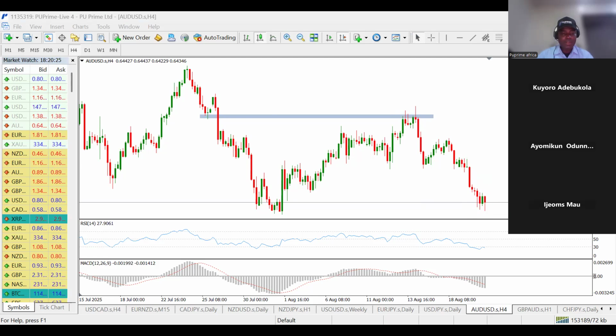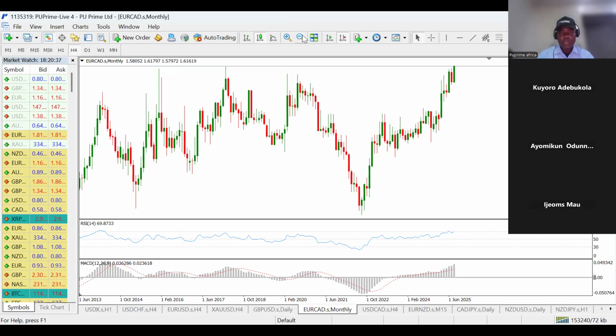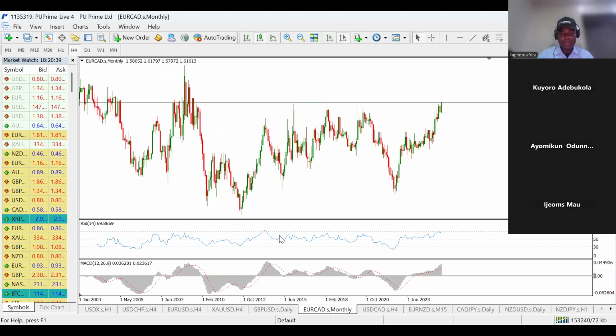Another one is the EUR CAD on the monthly time frame. Here we can see the EUR CAD on the monthly time frame, and we can see different rejection candles, candlesticks with long shadows projecting upwards. Anytime you have a candlestick with a long shadow and small body, most of the time you can call it a rejection candle, especially when it doesn't have a clear formation, whether it's a hammer or shooting star or any of the likes.